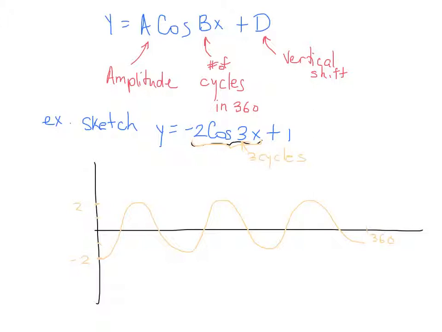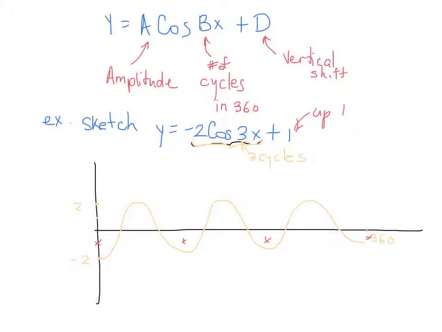We do need to move it. Where are we moving it to? We're moving it up 1 because our D, or vertical shift, is +1. So everything that is at -2 should really and truly be at -1. Everything is moved up 1. I was moving up 1 already, but let's pretend that it was good.